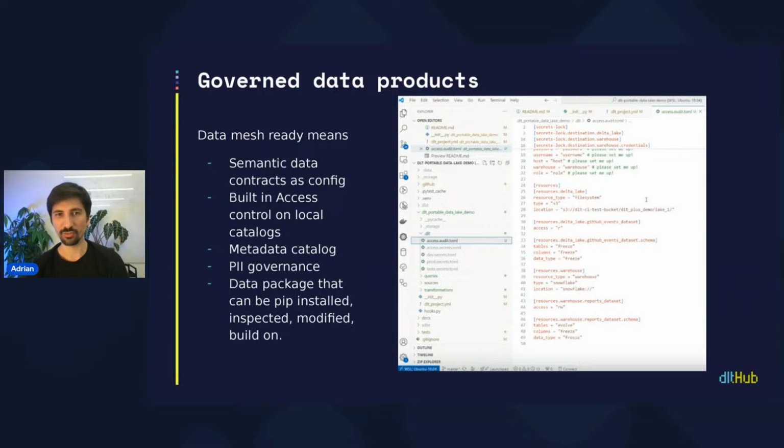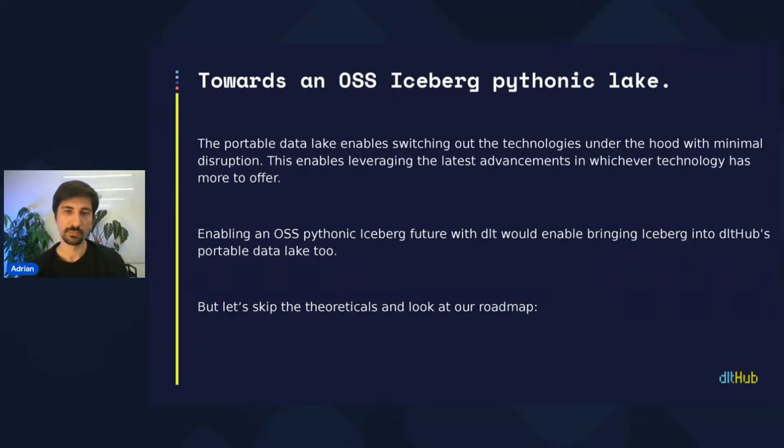And it has built-in access control, because ultimately, if you have a local catalog, what you would be missing is access control. So this is why we added it already there. There's a metadata catalog for various functions, PII governance, and fundamentally the data packages that you build can be pip installed, inspected, modified, or built on.